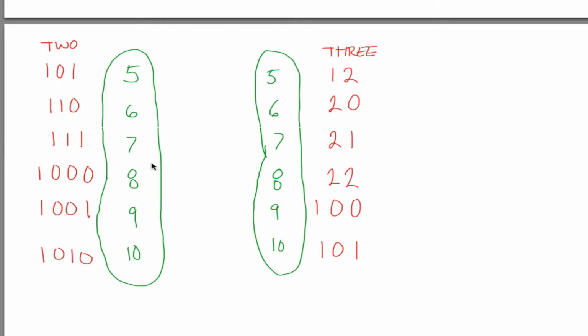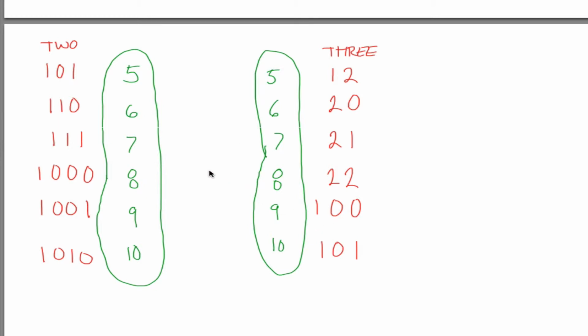And essentially, I want to draw an arrow from any element over here so that its base 2 representation is longer than its base 3 representation. So 5 should go to 5, 6, 7, and 8, but not 9, because this uses 3 digits and so does this.